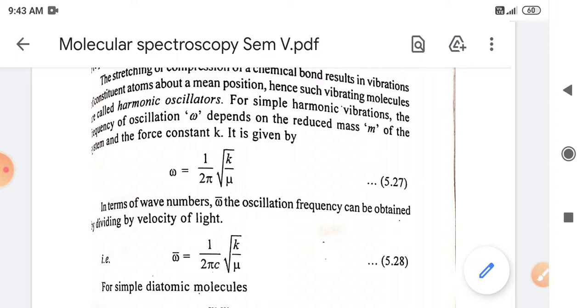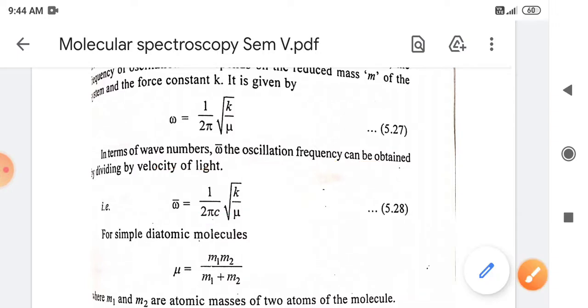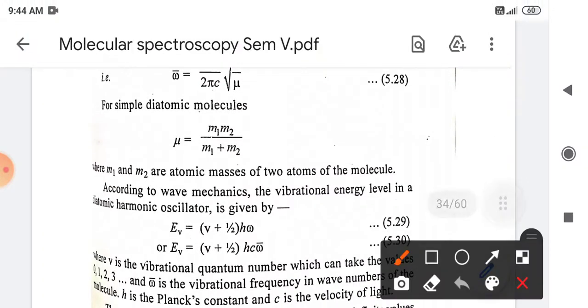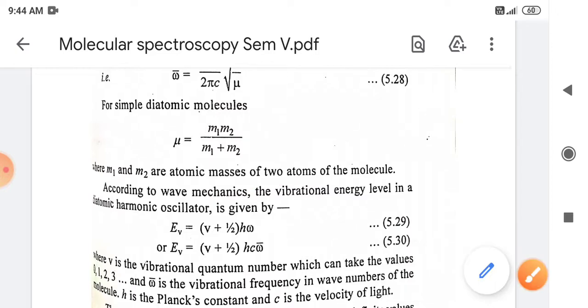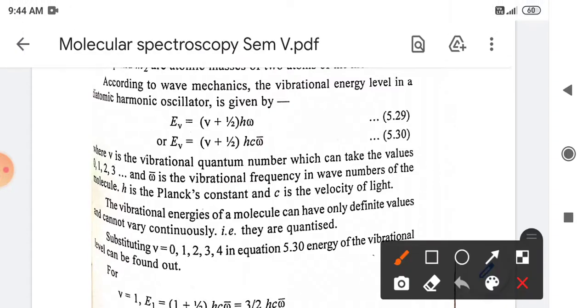In terms of wave number, we just need to divide by the speed of light, c. For a simple diatomic molecule, the reduced mass is m1 m2 upon m1 plus m2, where m1 and m2 are the atomic masses of the two atoms involved in the stretching or compression. Now according to wave mechanics, the vibrational energy levels in a diatomic harmonic oscillator can be given by simple formulas.